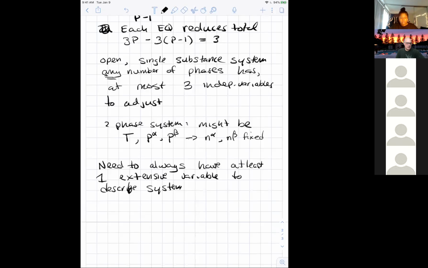So the volume is our extensive variable that's actually implicitly required when we include the density, because if the mass is fixed, then the volume is going to change. If the volume is going to change, then the mass is fixed. So we have to have one extensive variable, right? This is going to be M or N or V in order to describe this system.